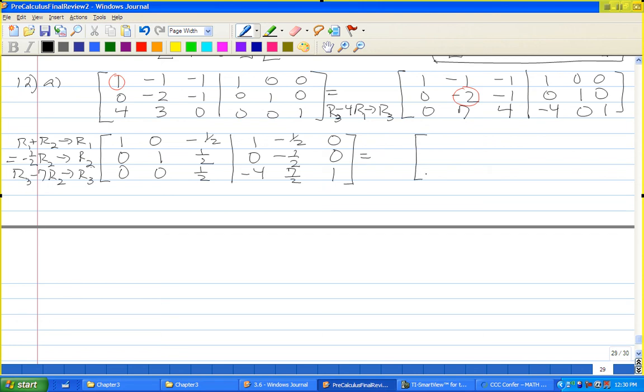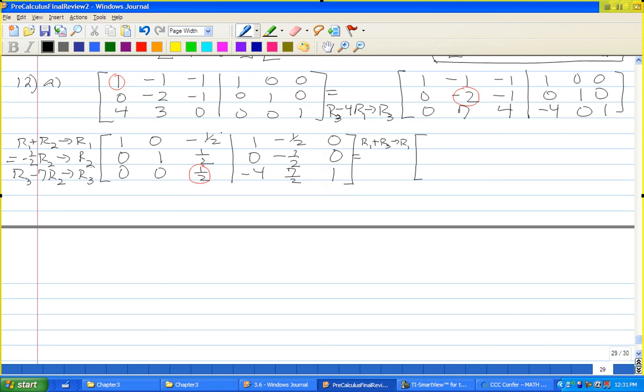Lastly, I want to pivot on this guy. Oh, but don't worry about that yet. Okay, so let's do the following trick. Before I even change it to 1, let's just do row 1 plus row 3 gives me a new row 1.